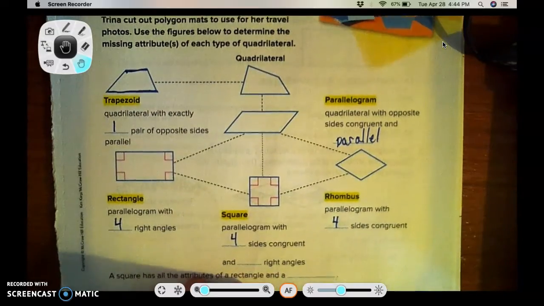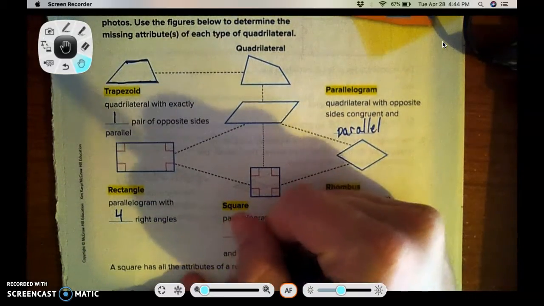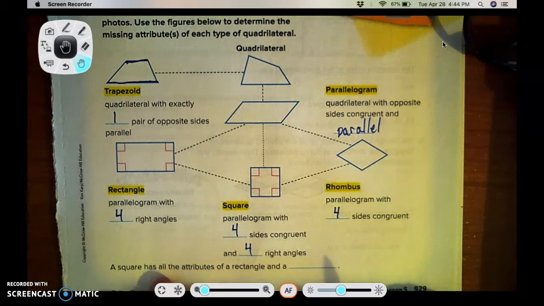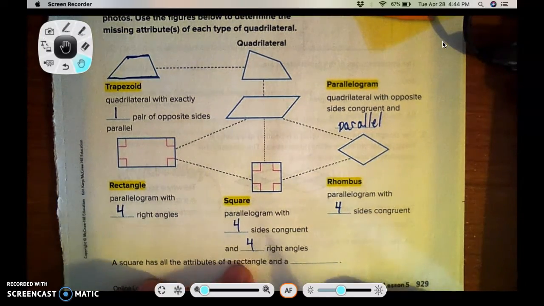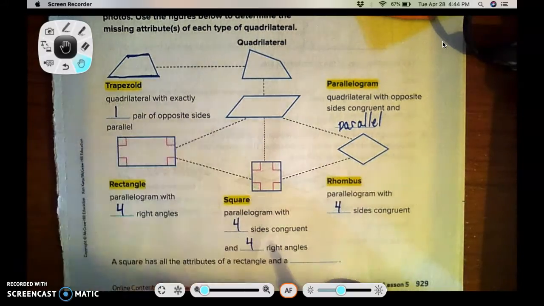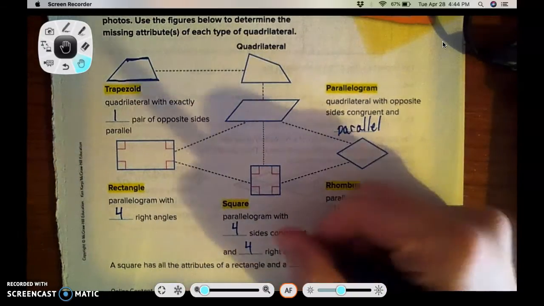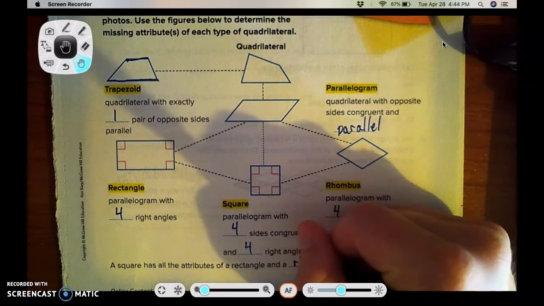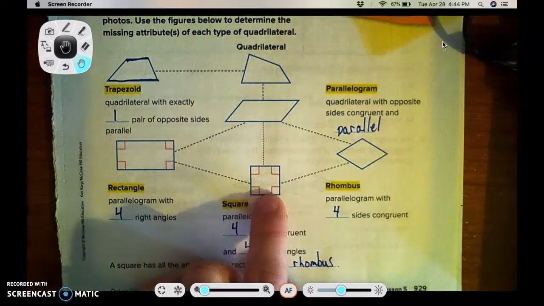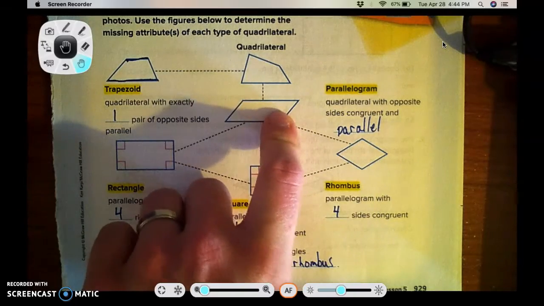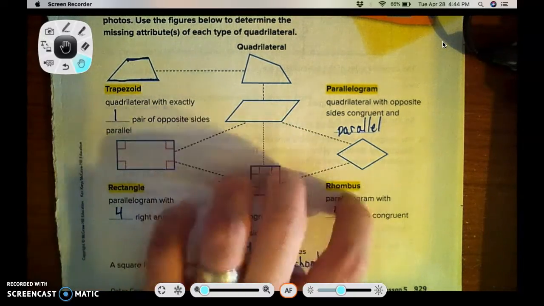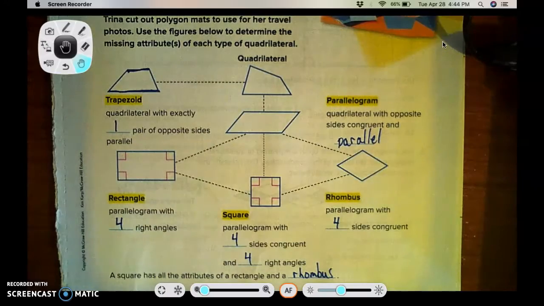So all of the sides are equal and it has 4 right angles. So a square has all the attributes or characteristics of a rectangle and a rhombus. So all squares are also going to be rectangles, rhombuses, and parallelograms. Right? It falls under and matches all these attributes.